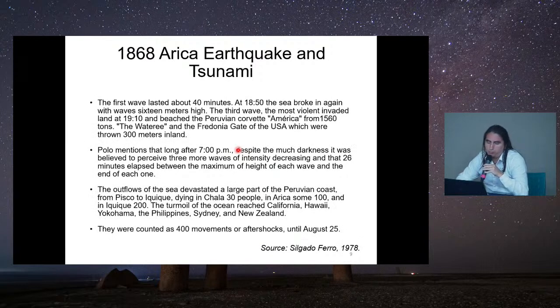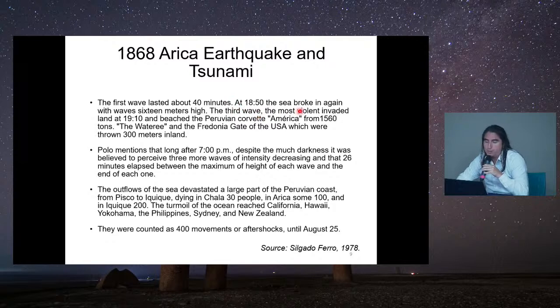Just a little more information. This is all according to Silgado Ferro. The first wave lasted about 40 minutes, and at 18:50 the sea broke in again with waves 16 meters high, again according to the journalistic information.